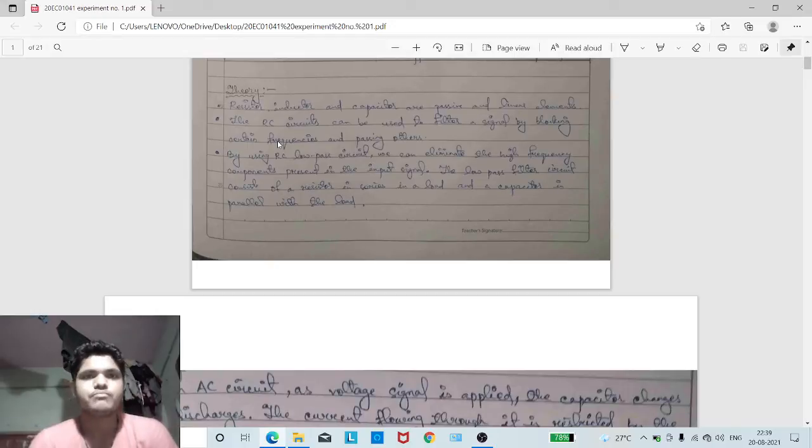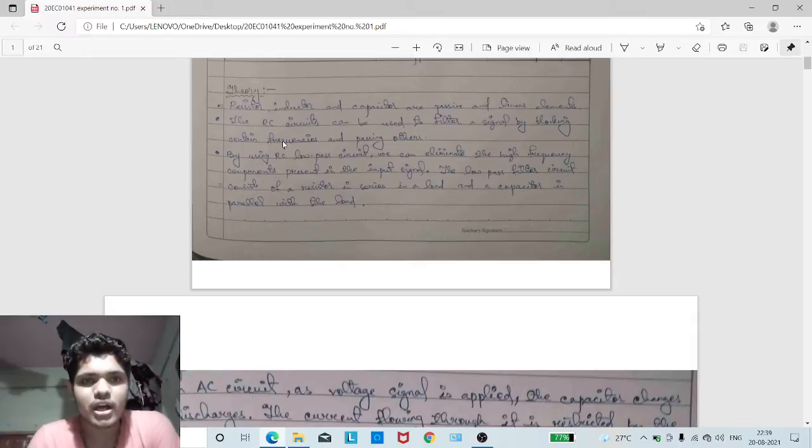So we know that the resistor, inductor, and capacitor are passive and linear elements, and the RC circuits are used to filter a signal by blocking certain frequencies and passing others.